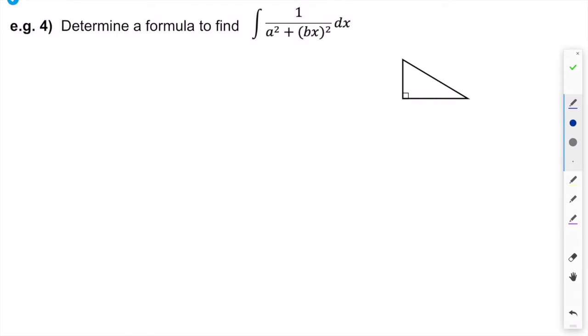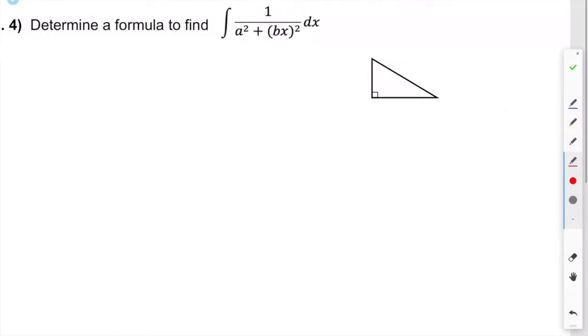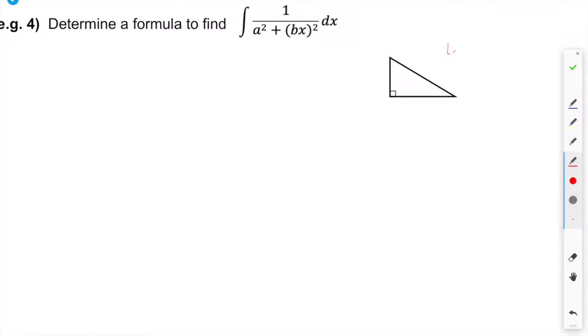Okay? Alright, so let's pull out my red pen. I will let a tan u be bx in this case. So if this is u, bx is opposite, a is adjacent, and the hypotenuse is the square root of a squared plus bx squared.